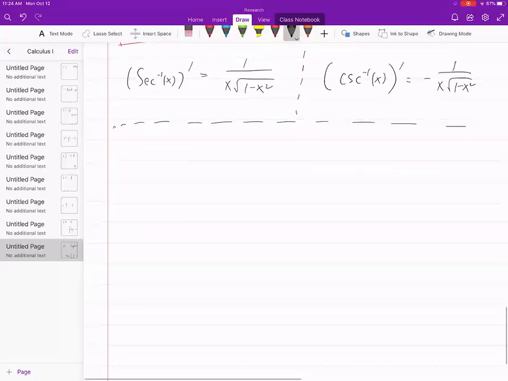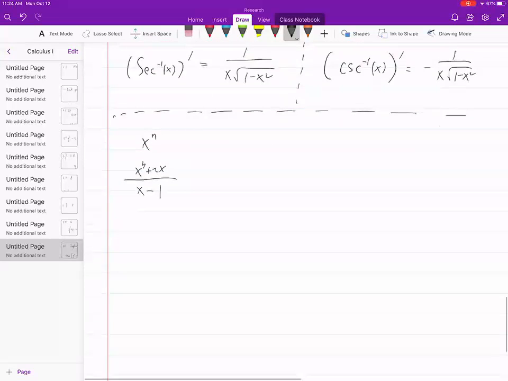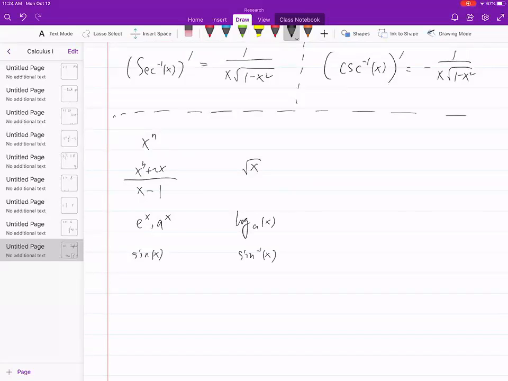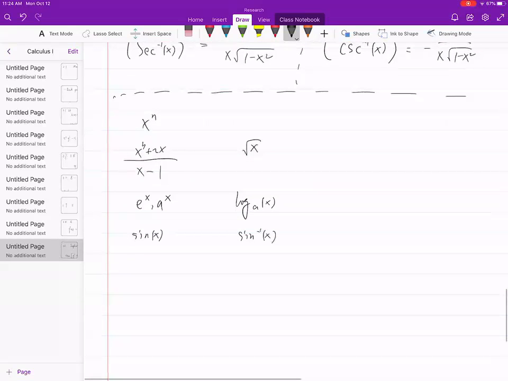Okay, up to now, power, we know how to handle it. Rational. Okay, quotient rule. Exponential, we know. Trig, we know. Square root, we know. Log, and the trig inverse. The whole thing is complete. We know every single thing I wrote here, which are called simple functions.